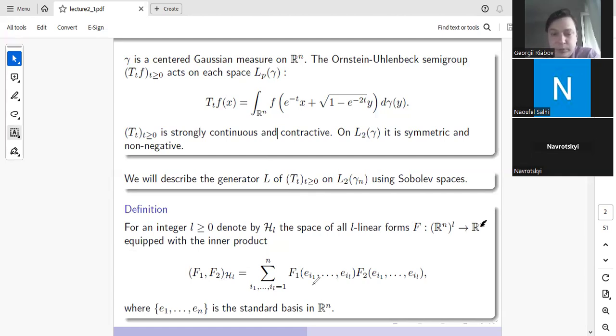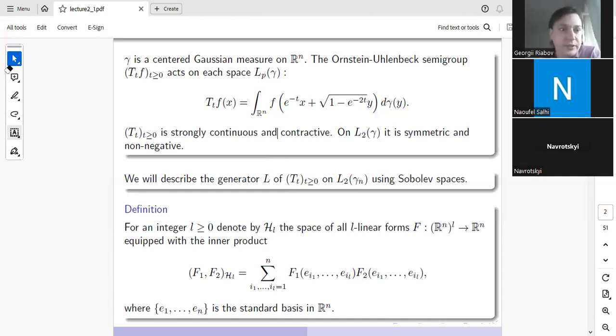We take all possible vectors from the standard basis in R^n, in all possible combinations, we substitute them into the forms and multiply. So this is the so-called Hilbert-Schmidt inner product.